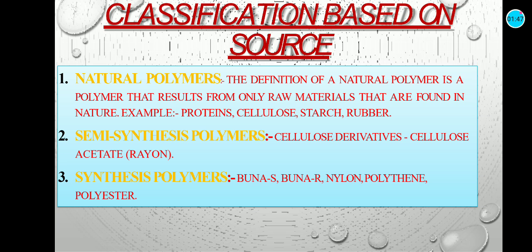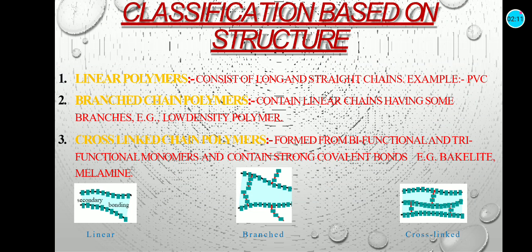For example, proteins, cellulose, starch and rubber. Second is the semi-synthetic polymer. For example, cellulose derivatives and cellulose acetate, that is rayon. Then third is the synthetic polymers. Examples of synthetic polymers are nylon, polyethylene and polyester.